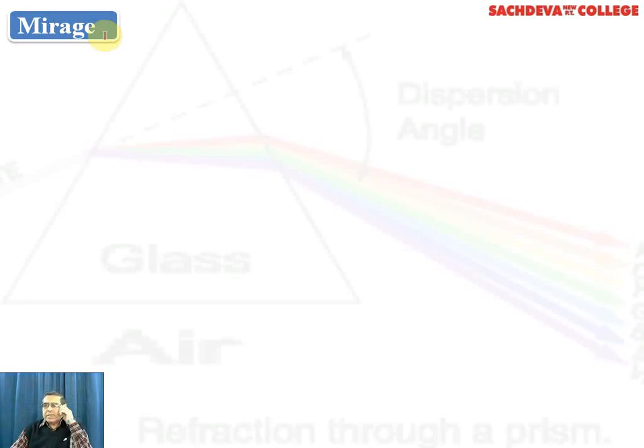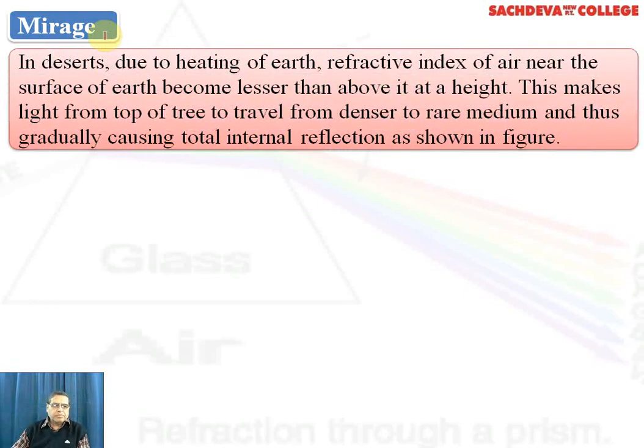There is some sensation of water, but when we reach that point, we don't find water there, and that is the effect due to refraction, because there are certain regions which are rarer and certain denser in the atmosphere. So refraction takes place at the different regions. That is what the mirage is.